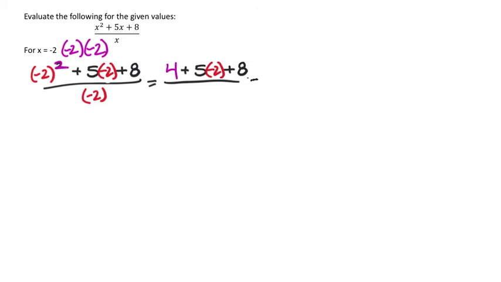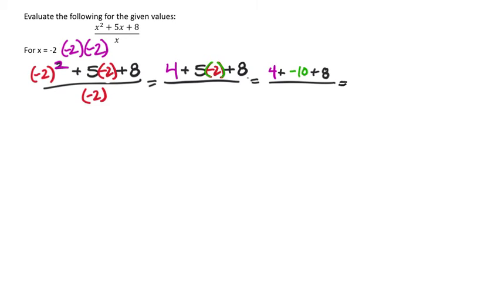Now, we're going to simplify. This is 5 times -2. Right there, 5 times -2. There's multiplication. There's no other multiplication or division. That would be -10. So I got 4 plus -10 plus 8. And there's only addition and subtraction, really only addition, from left to right.